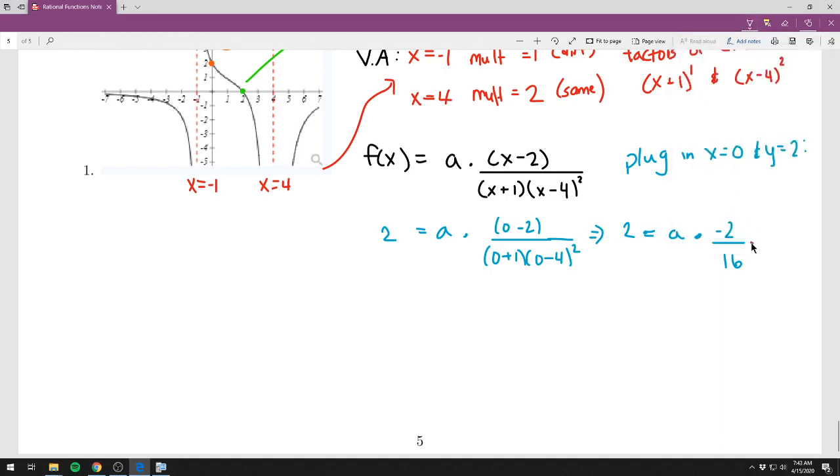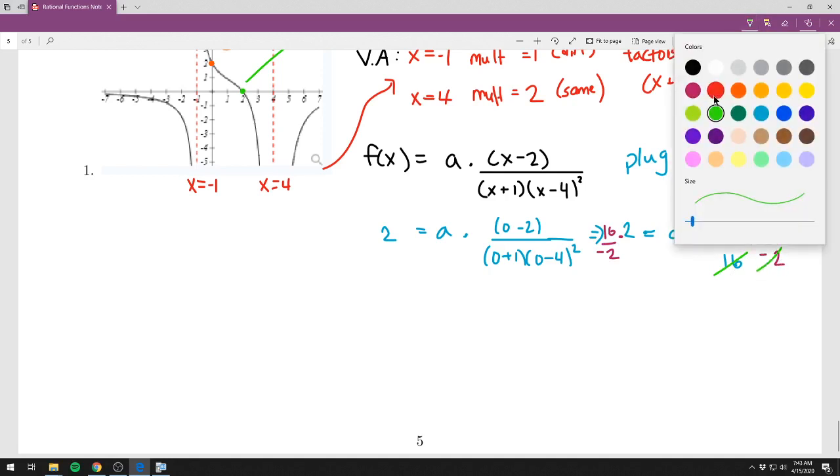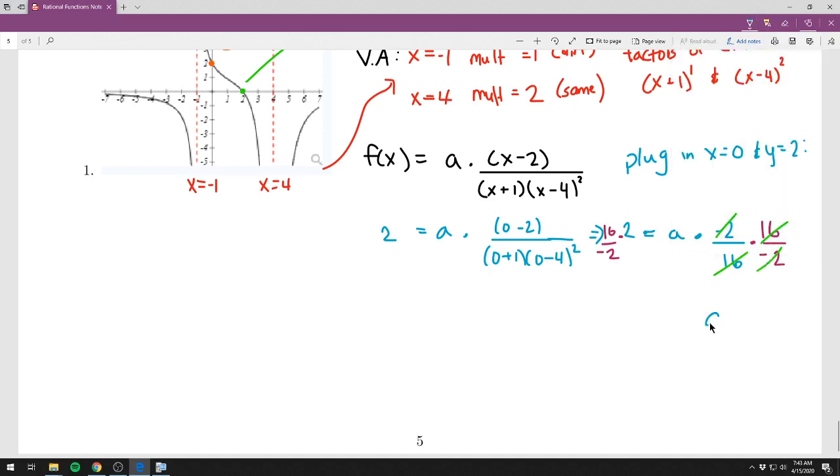I'm going to do the reciprocal now. So we got 16 over negative 2 is what we're multiplying each side by, to get this to cancel out, get a by itself. And we get a equals, actually pretty convenient, on the left side the 2's cancel, the negative sign's still there, negative 16.